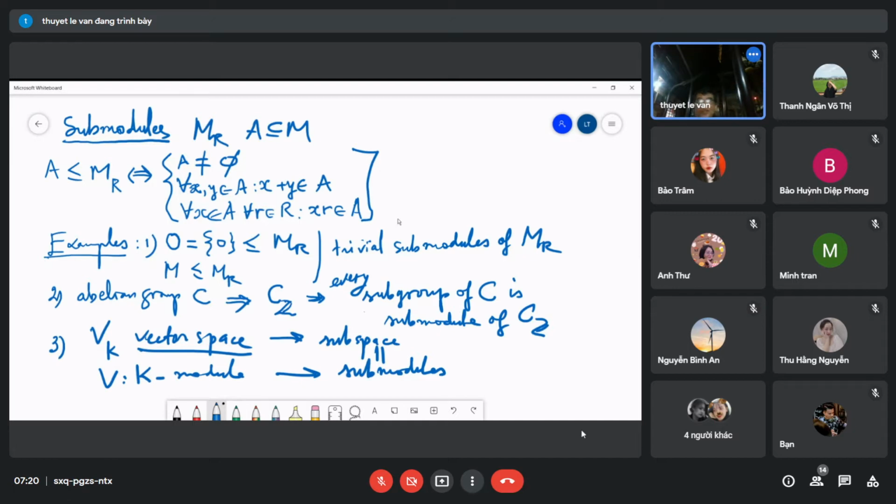That is the same, and then the subspace and the submodule are the same. That is very trivial.